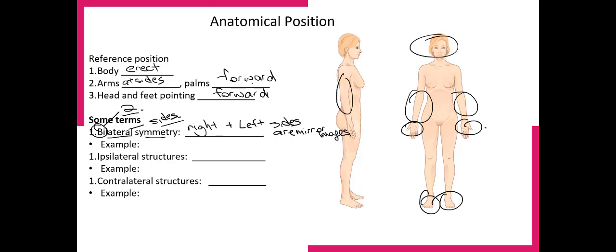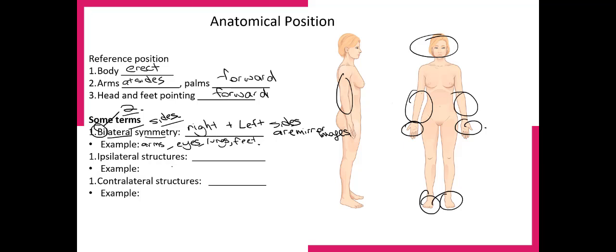An example of some structures in our body that exhibit bilateral symmetry are our arms, right? Right arm, left arm, our eyes, right eye, left eye, our lungs, right? Our feet, right? So when we have two of everything, one's on one side, the other one's on the other side, more likely than not, they exhibit bilateral symmetry.